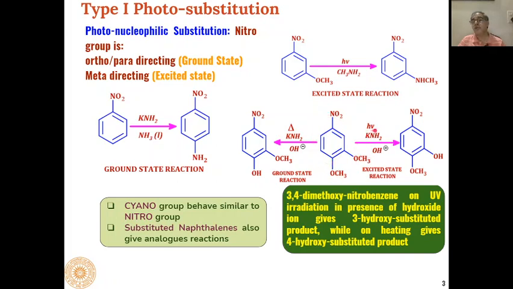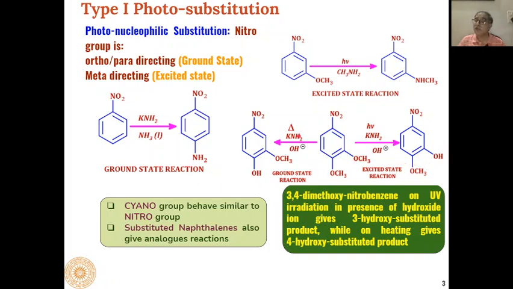Now, when this reaction is done photochemically in presence of potassium amide as the base and an alkali as the nucleophile, then the substitution of this nucleophile will take place at the meta position of the aromatic ring. So under photochemical conditions, a meta-directing product will be formed.